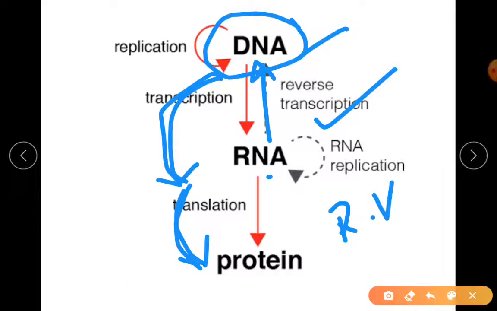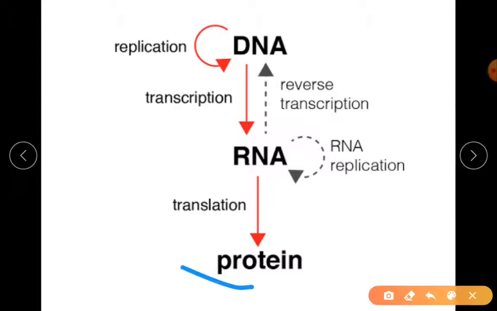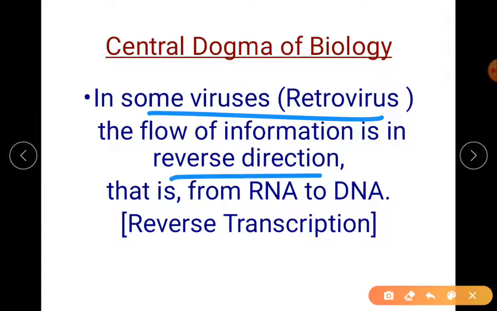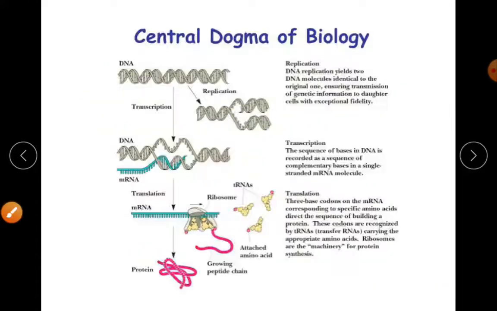Please remember, this central dogma was explained by Francis Crick as well as Watson. Watson just helped; the main idea was Francis Crick's. It's in the reverse direction, so we call that reverse transcription. One mark question.